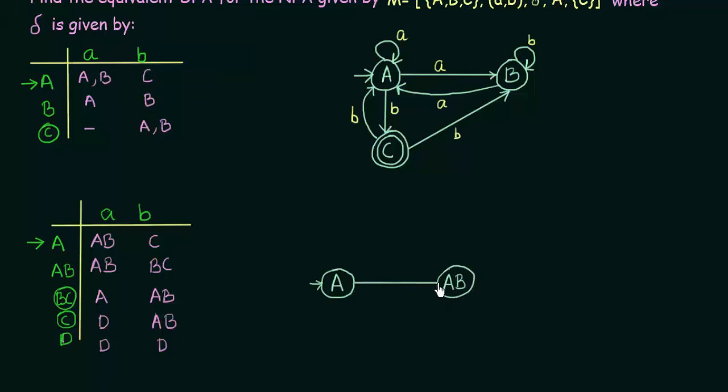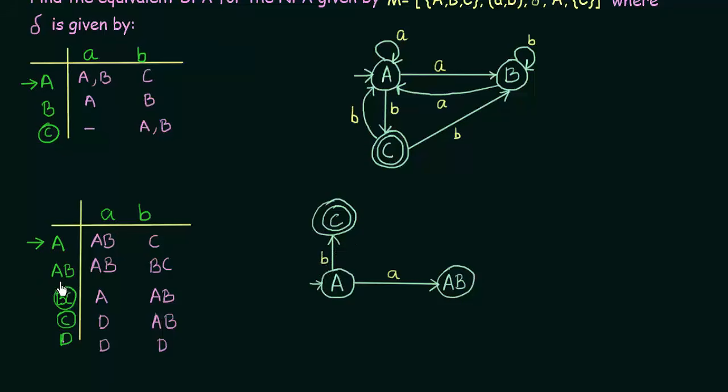A will go to this AB on getting input small a, and A on getting input small b goes to state C. So I'll make another state here called state C, and we have to note that state C is a final state, so I have to put two circles around state C. A on getting input small b goes to state C.